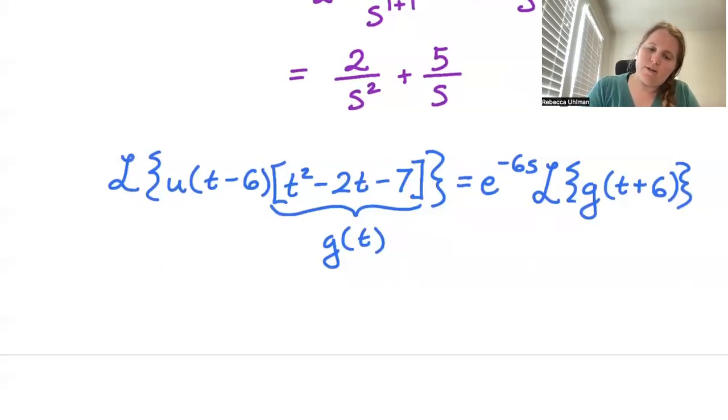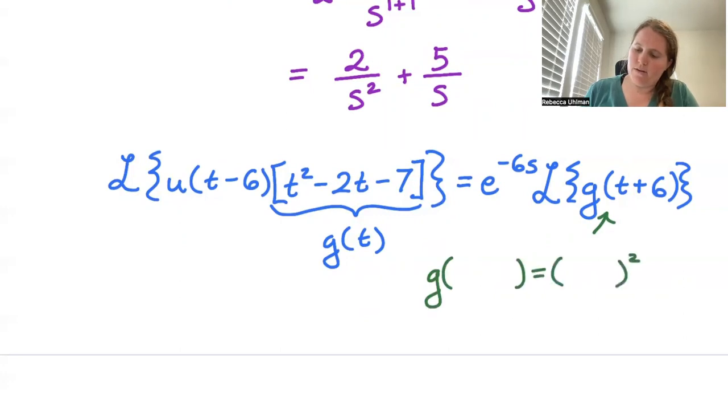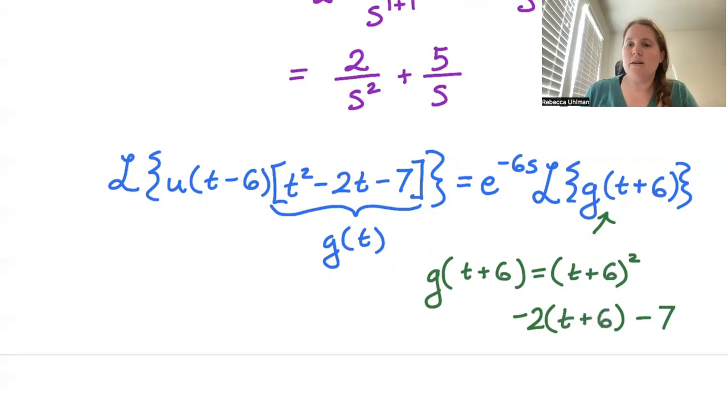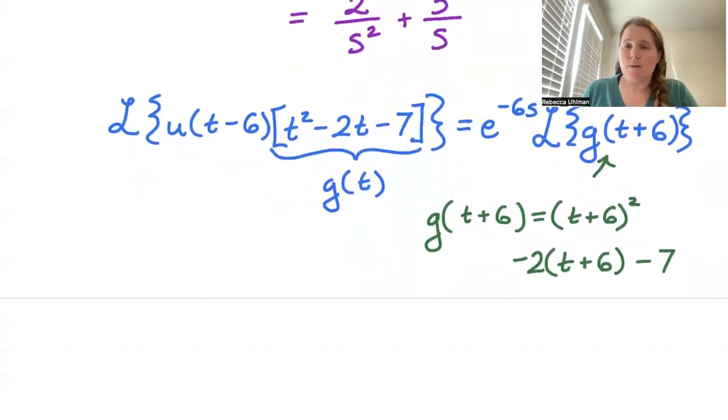So g of t plus 6. g of blank is equal to blank squared minus 2 times blank minus 7. So g of t plus 6 should be t plus 6 squared minus 2 times t plus 6 minus 7.